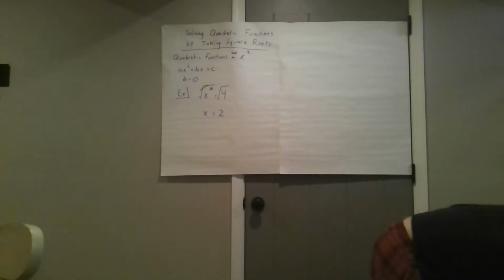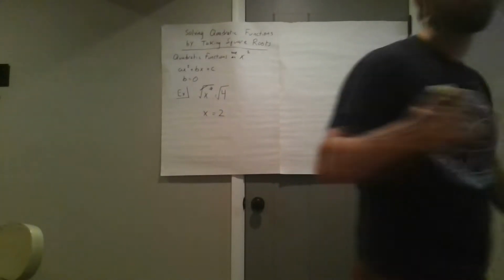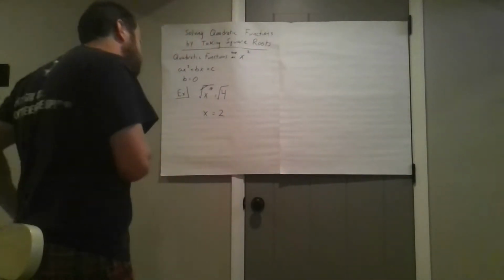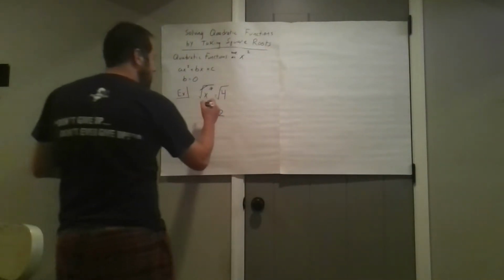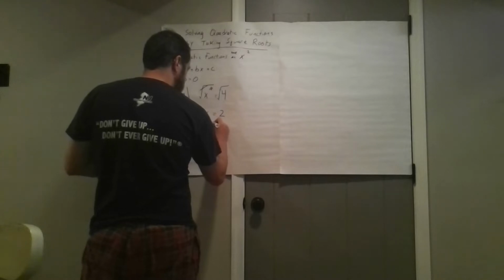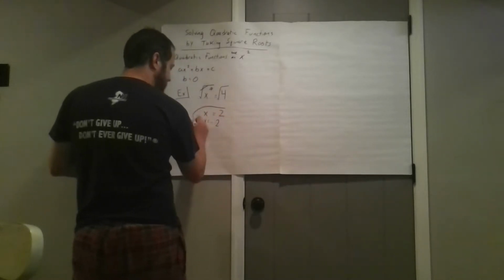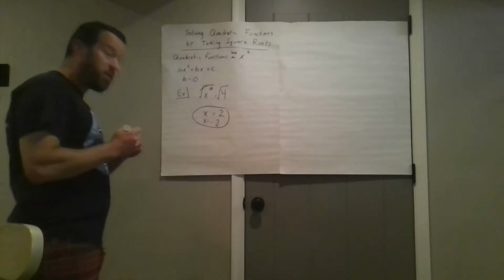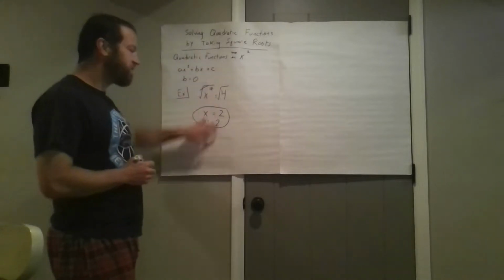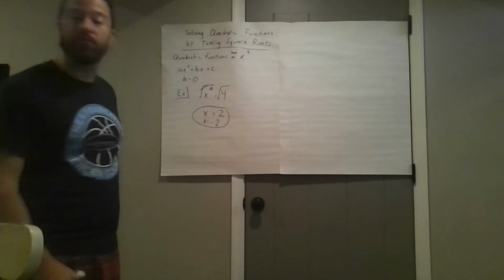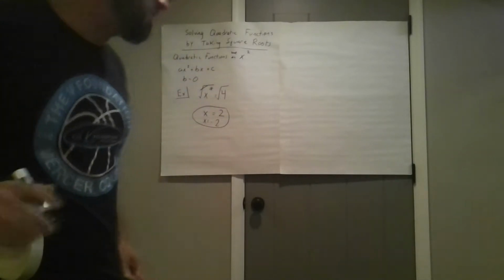There's actually two. Some of you are probably shouting at your computer because you know what it is, but the other one is -2. So almost every single one of these problems is going to have two answers, both the positive and the negative.